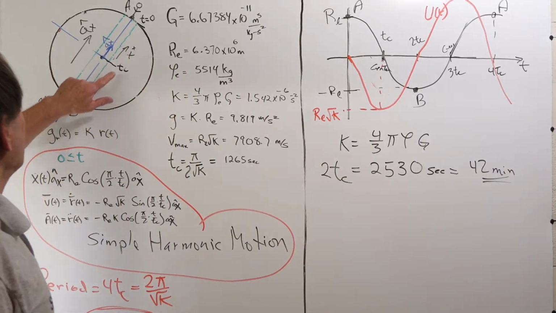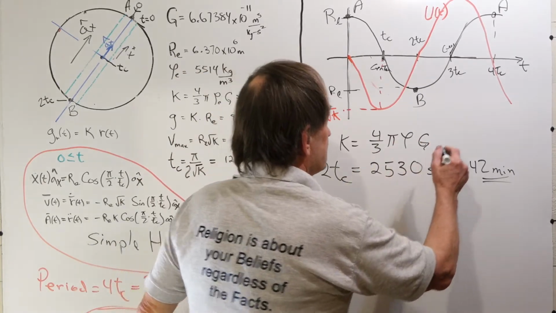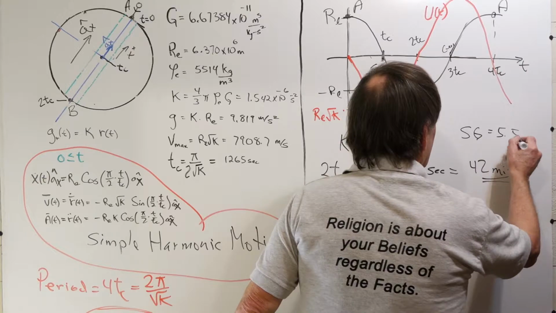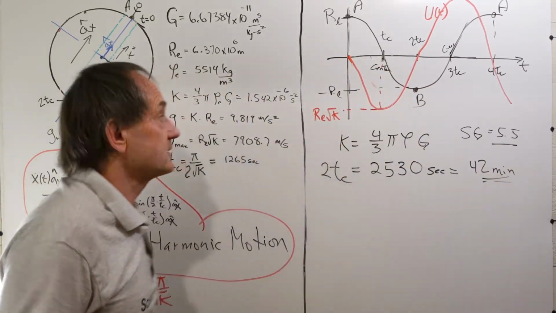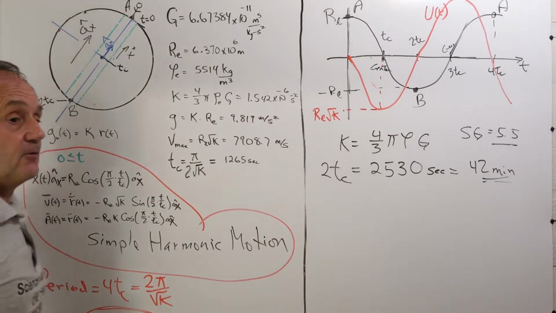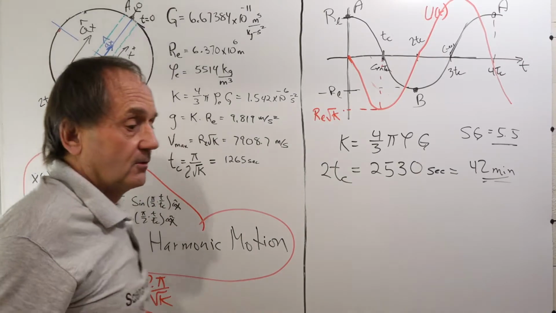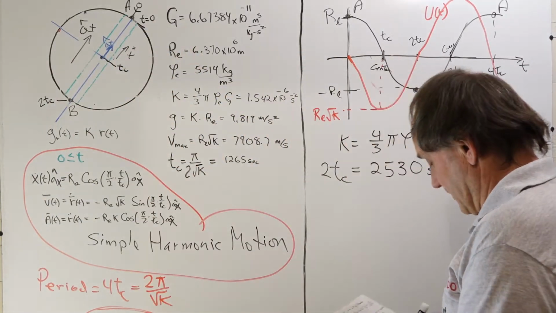So for any planet that is made up of material that has a specific gravity of about 5.5, it will take 42 minutes to travel from one side to the other through a tunnel or a well bored through the Earth or through the planet.